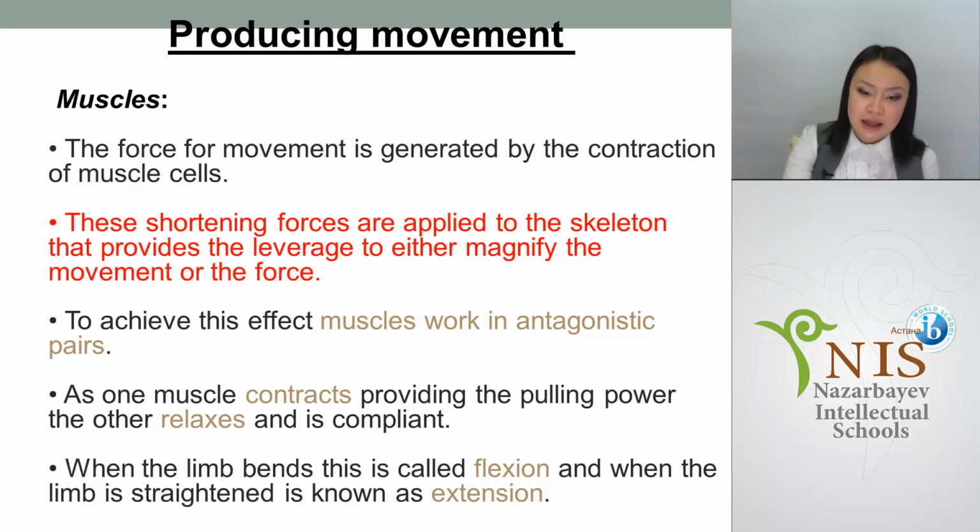To achieve this effect, muscles work in antagonistic pairs. As one muscle contracts, providing the pulling power, the other relaxes and is compliant. When the limb bends, this is called flexion, and when the limb is straightened, it is known as extension.